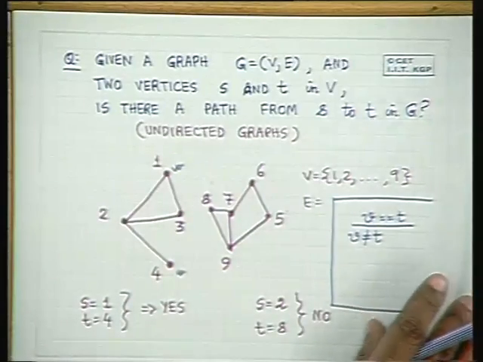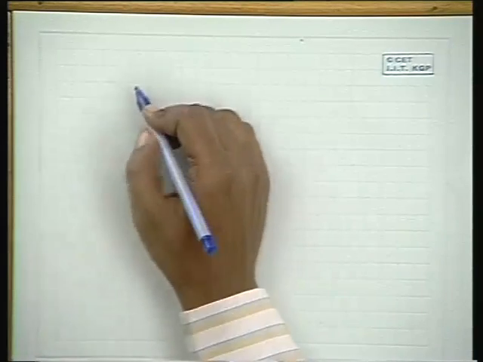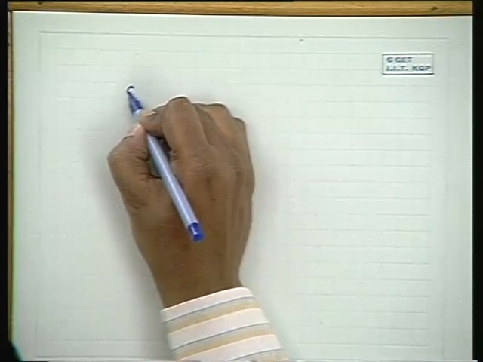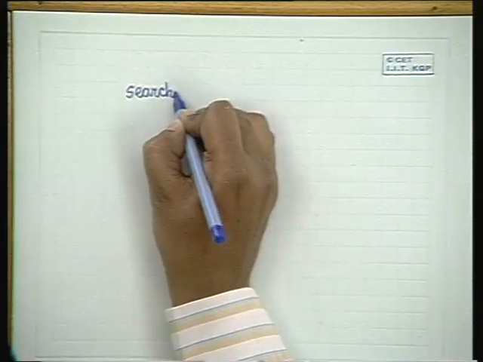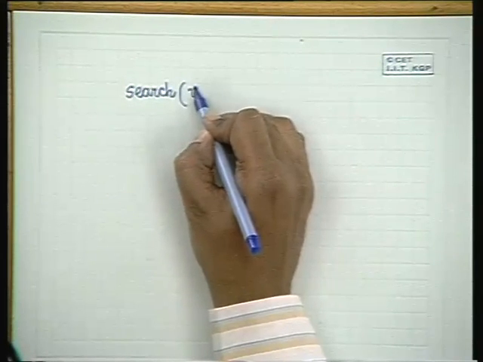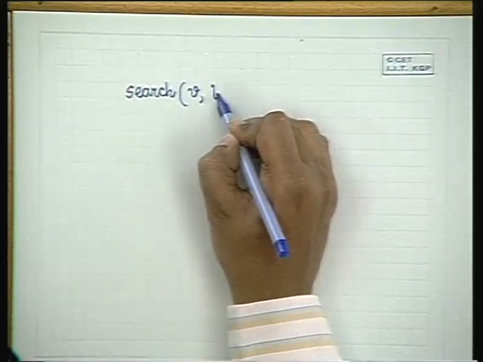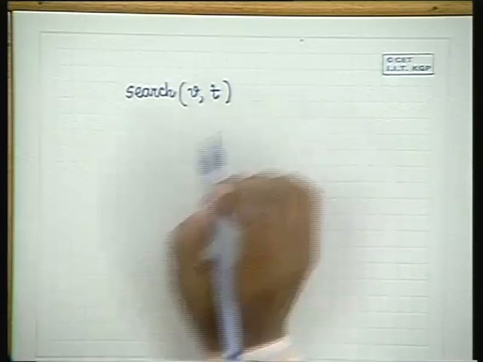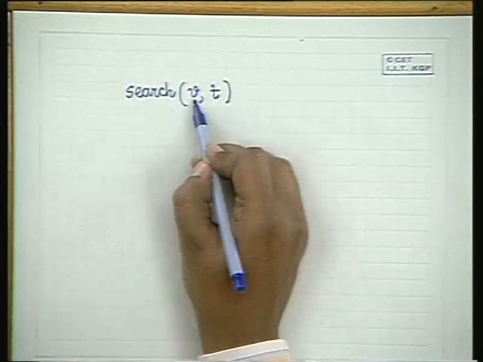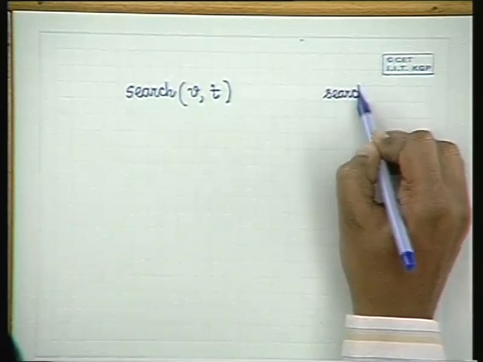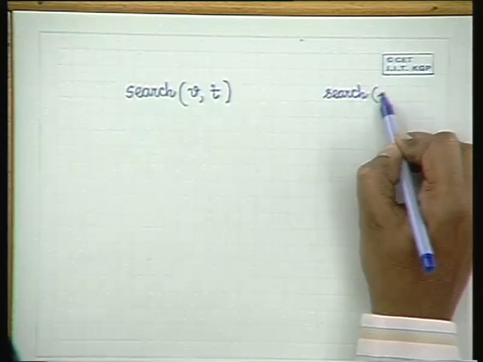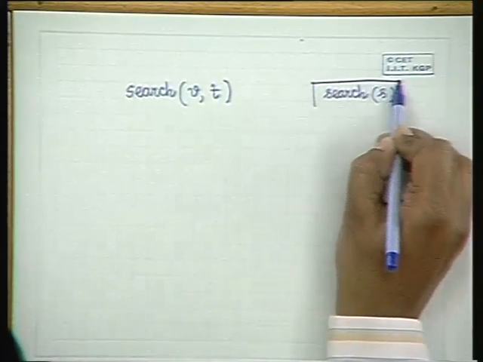So from this idea we get our basic recursive definition, and the concept is search in a vertex V. You are trying to search whether you have reached T, and you will start with S. You will call it with search S. This is how we will call it.